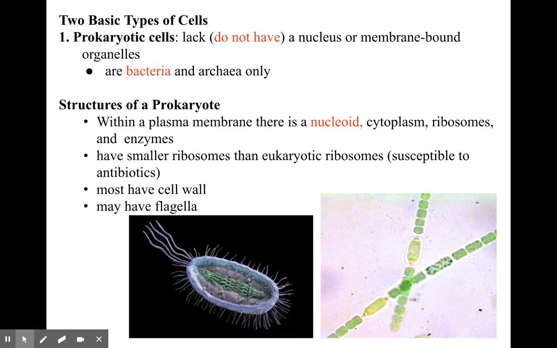Now, there are two kinds of cells out there that you're going to learn. First one's prokaryote. Pro means first, so it's the first cell. Prokaryotes, by definition, do not have a nucleus or what's called a membrane-bound organelle. So that's going to get a little crazy. We're going to have to make sure we can distinguish those. All bacteria are prokaryotes.